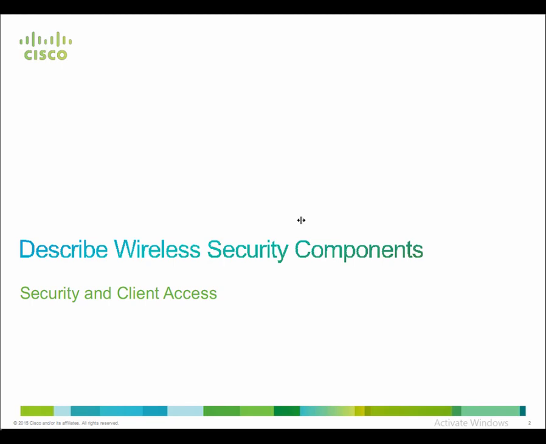So in this particular lesson, we're going to talk about Wi-Fi security issues. We're going to describe the need for authentication and encryption in our wireless networks, talk about different key management techniques that are used for authentication and encryption, and really go into all the fundamental security concepts that are very important to understand when it comes to wireless communication.